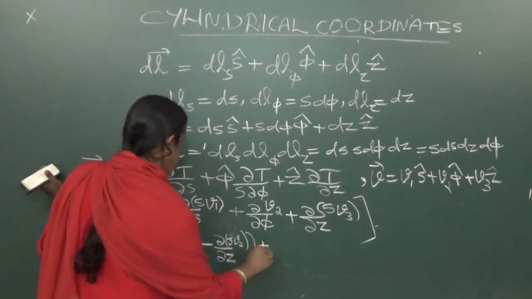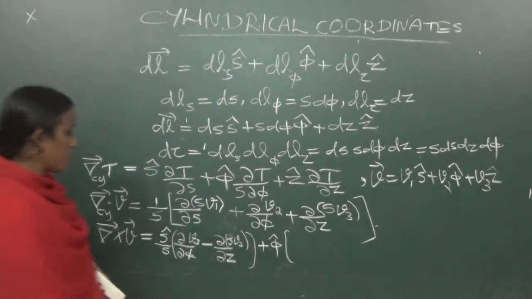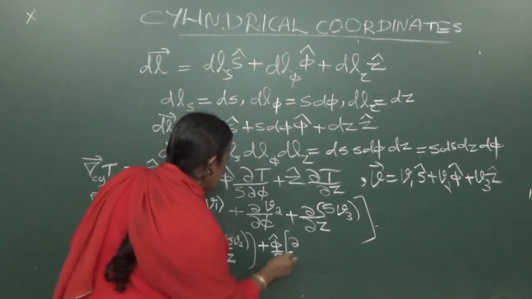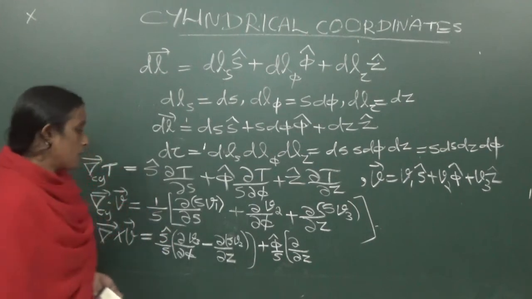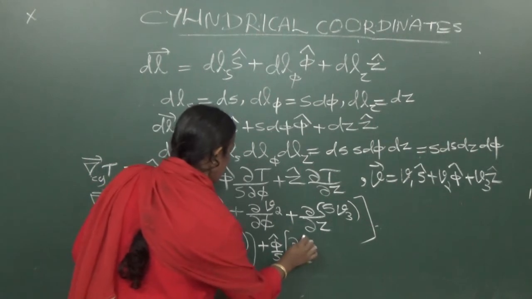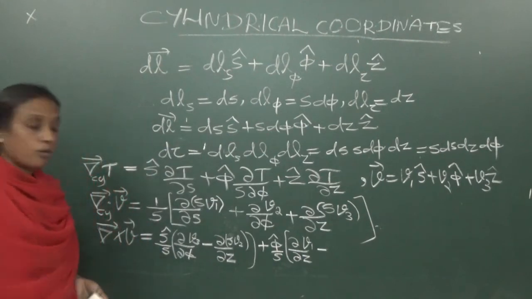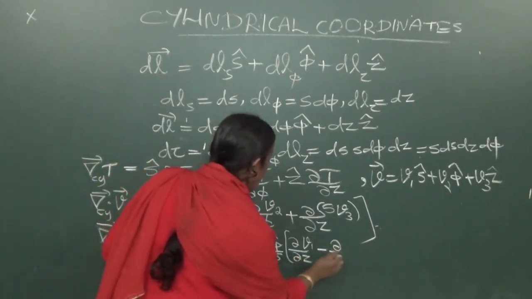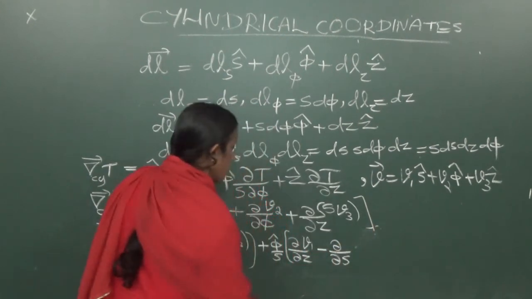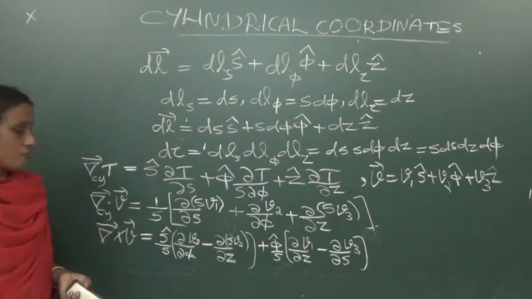Plus, the next component is phi cap. Now to get phi cap, you first need to write dou by dou z of V1 minus dou by dou s of V3.